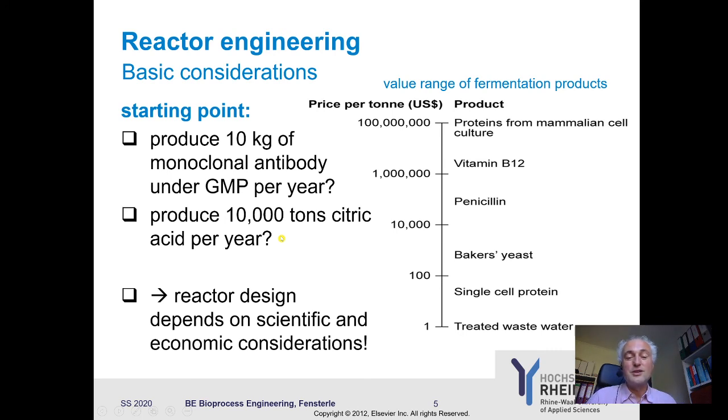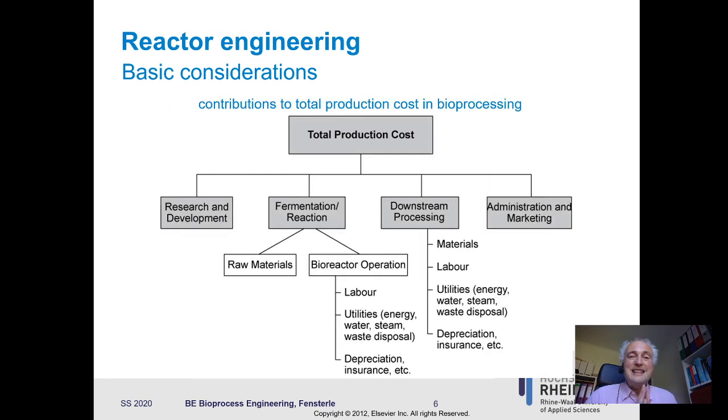And this will lead to a different reactor configuration, operation mode, and so on. At the end, and this is what we will do next semester in industrial biotechnology, you will set up your own process. You will work with a software called SuperPro Designer, where all the mass balances and so on are inside.